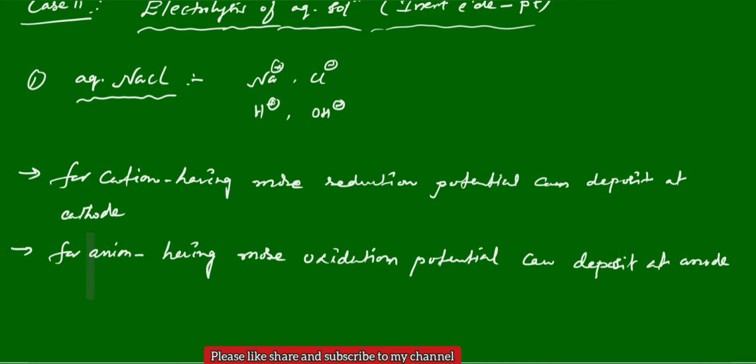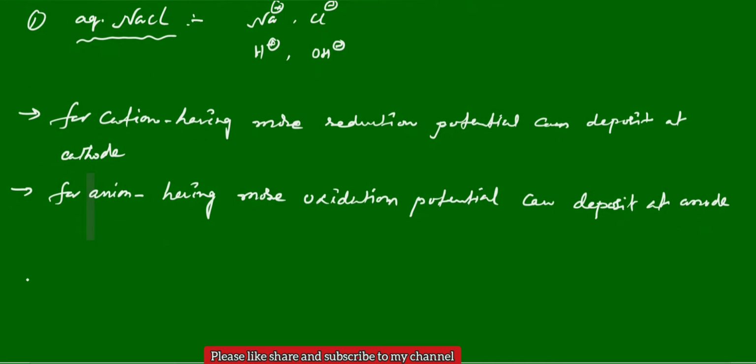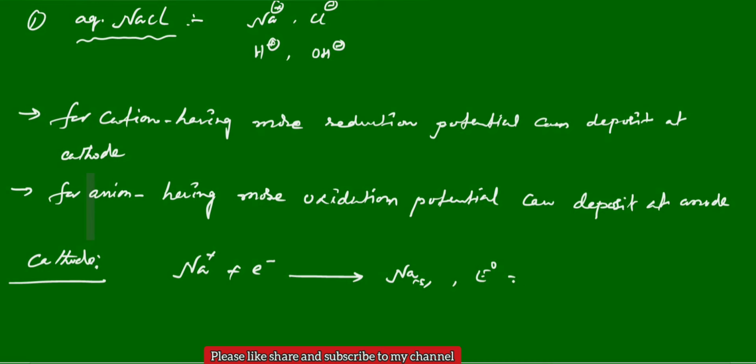Now let us see, in case of aqueous NaCl, first at cathode, what type of reactions can take place? We have the sodium plus, it can take an electron and be converted into solid sodium, it can deposit as sodium metal. But in this case, the reduction potential of sodium is minus 2.71 volts.